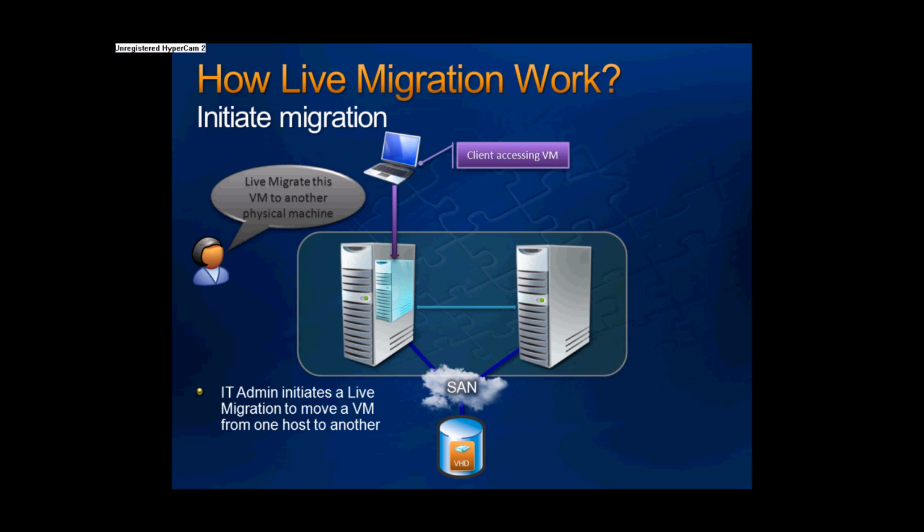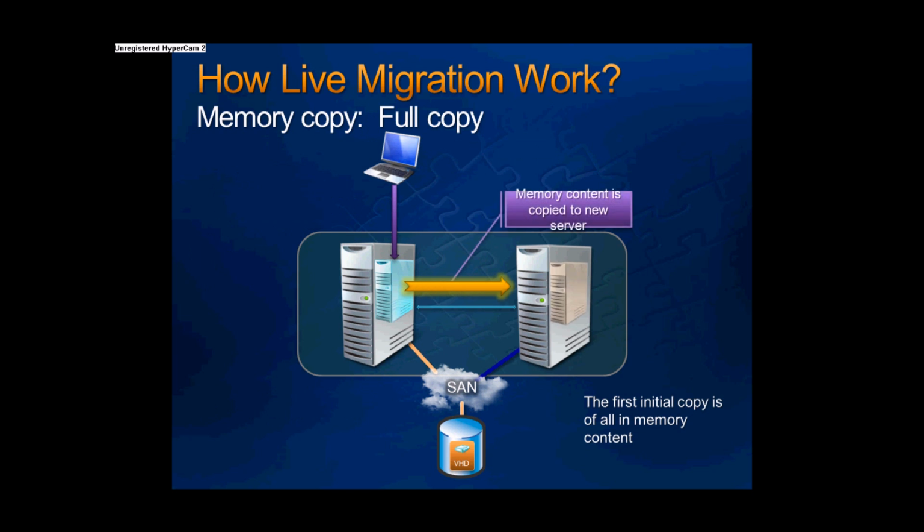Now I'm going to show you what will happen when I execute the live migration command. Once the live migration command has been executed, the second node of the cluster will start to create the VM configuration file.